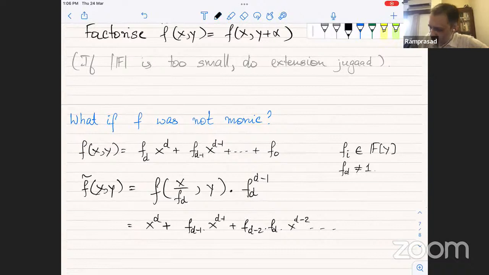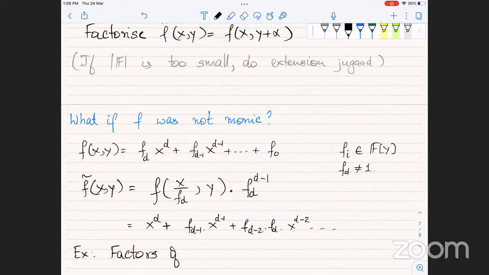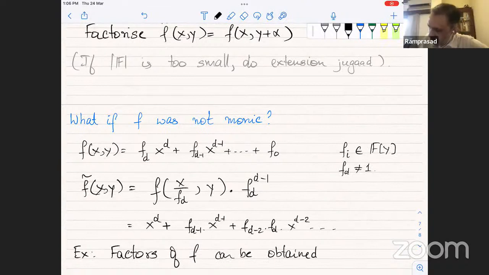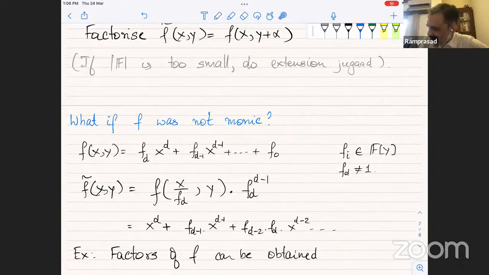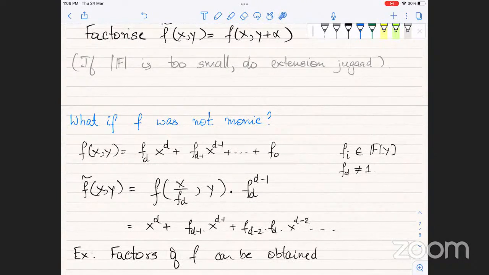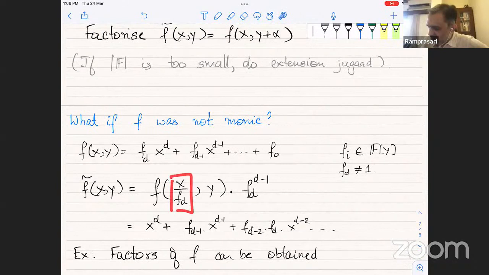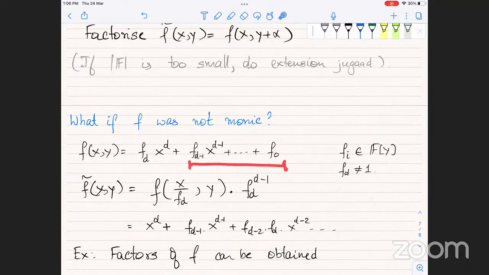Okay, and I will let you figure out the factors of f. You assume that all the lesser coefficients are divisible by fd? No, I didn't. I'm just saying, this is the original polynomial. Now, when I make the substitution of x by x by fd, let's look at all the other terms.